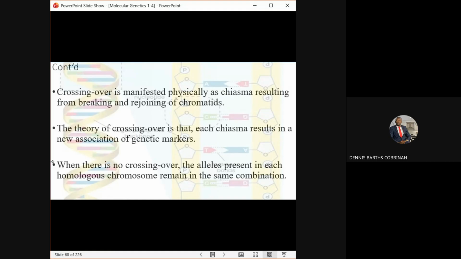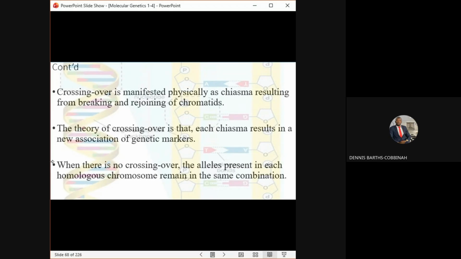The theory of crossing over is that each chiasma results in new association of genetic markers. Genetic markers are specific genes with known sequences, and their location is stable on the chromosome, and it is known.